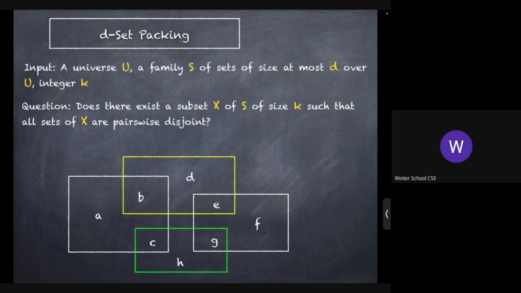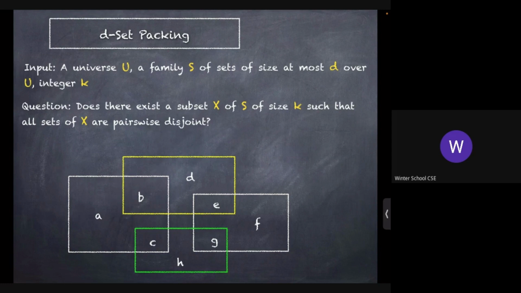On this example, I have a packing of size 2, these sets are disjoint. And again, when I speak about polynomial kernel, I view d as a constant. The hint is, again, try to use the sunflower lemma, but it will require one more observation.